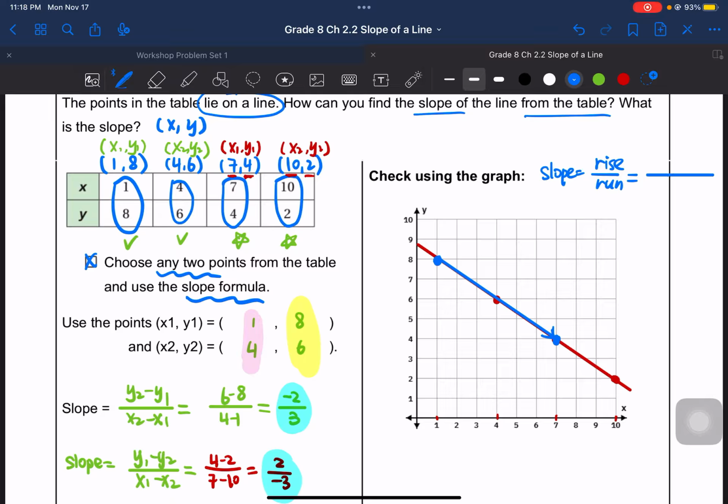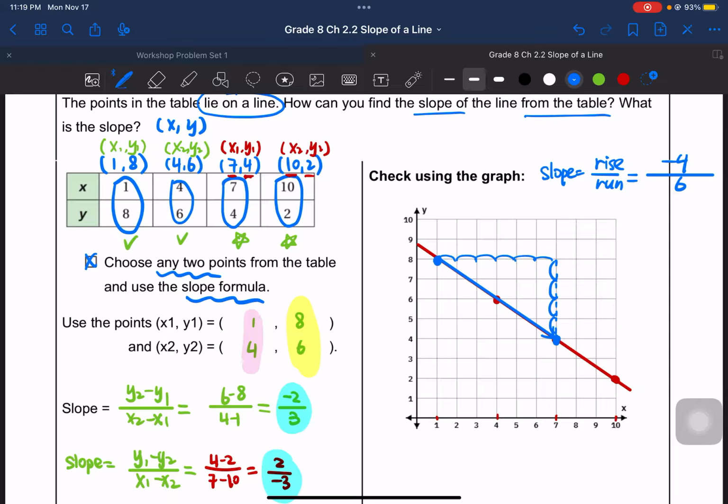Changing y is the vertical change. So from that point to this point, it's going down 1, 2, 3, 4. It's going down 4 units. So the rise is negative 4. And then for the run, it's the horizontal change. So from that point, you need to go to the right 1, 2, 3, 4, 5, 6.